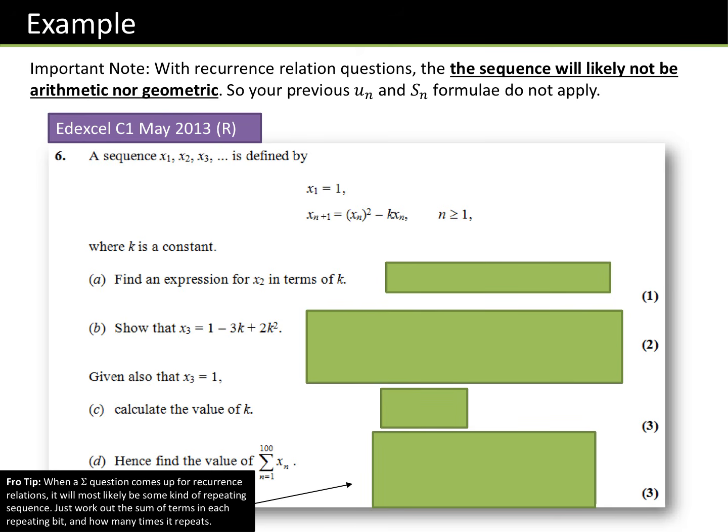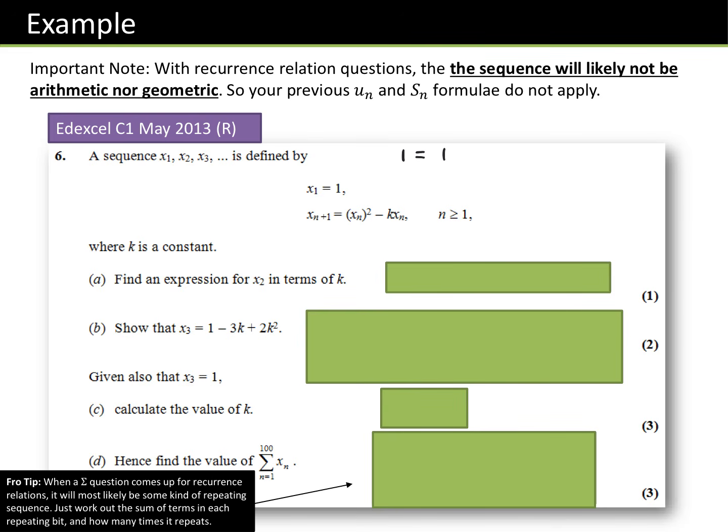Here's an example. So a sequence x1, x2, x3 is defined by when x1 equals 1, x(n+1) equals xn squared minus k xn. So what I would do immediately is I would put 1 into my calculator and then press equals, and then you're going to get 1.